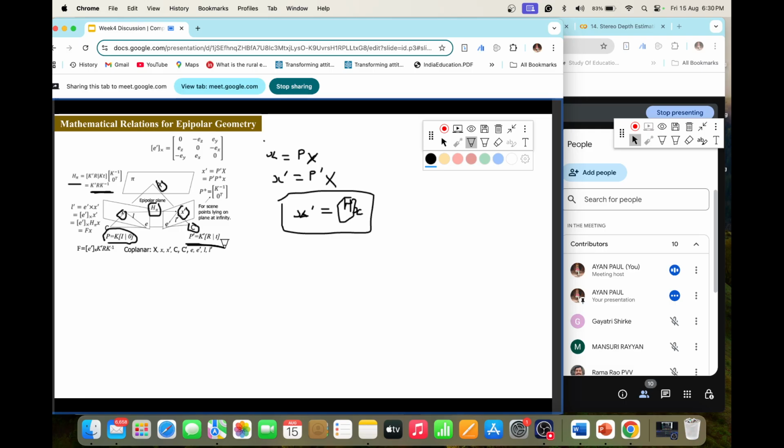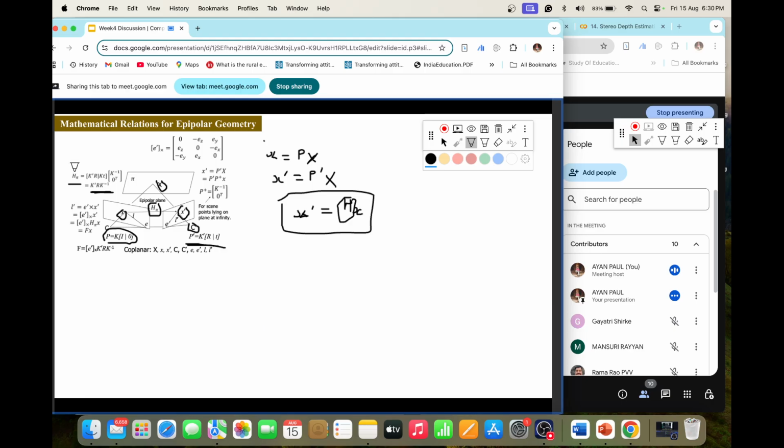And for the right camera projective matrix, we express it as P dash equals K dash R t, because if we compare the two cameras, we are rotating this camera as well as giving some translation to it. So that is why P will be converted to P dash. So we have these two matrices: P for our left camera, P dash for our right camera.